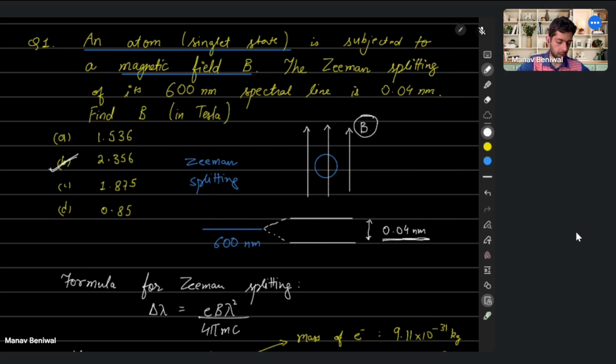This is a huge magnetic field, and this amount of magnetic field is generated in laboratories using electromagnets which are very large. We generally use superconducting magnets like SQUIDs to obtain such high magnetic fields if you want to observe such effects. So this was one problem on Zeeman splitting.